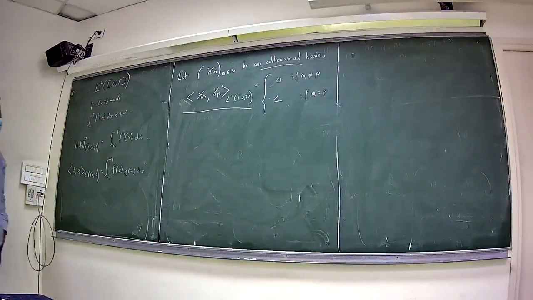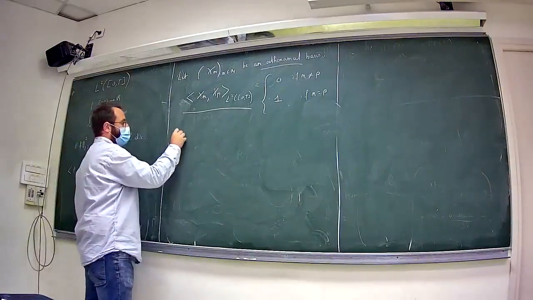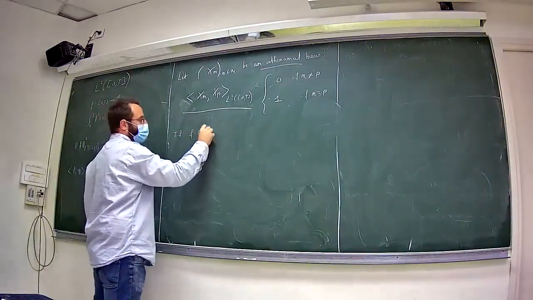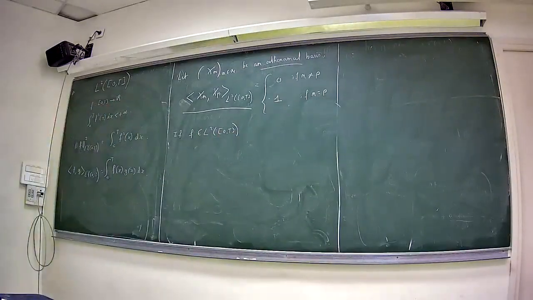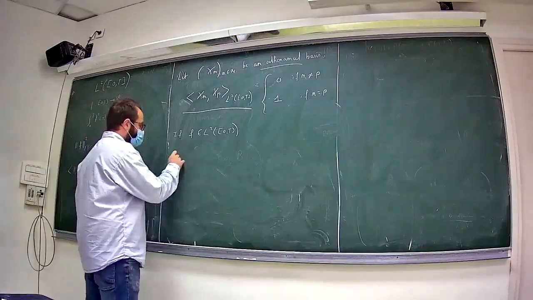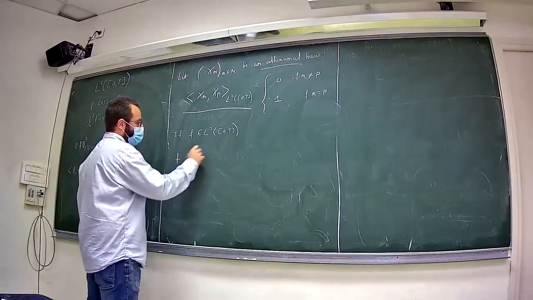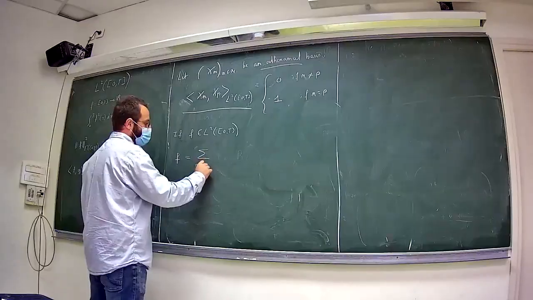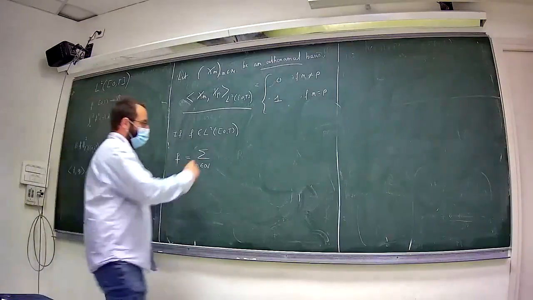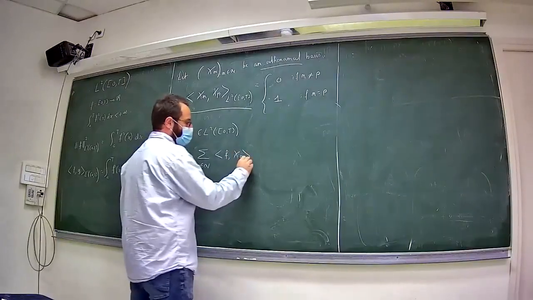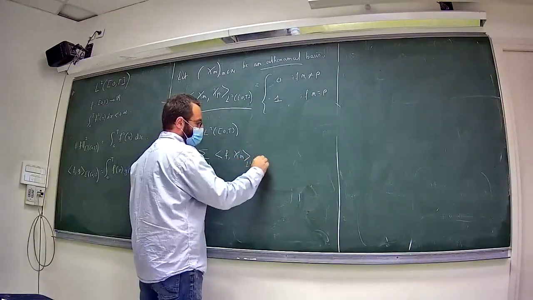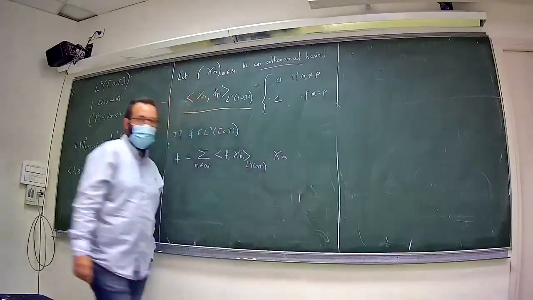Then I have a basis. And what is to be a basis? If f belongs to L2 of 0 to capital T, I have two things. First, f may be decomposed on the vectors of my basis. So I can write f as the sum, an infinite sum, of the scalar product between f and the element of my basis, in L2, times the element of my basis.